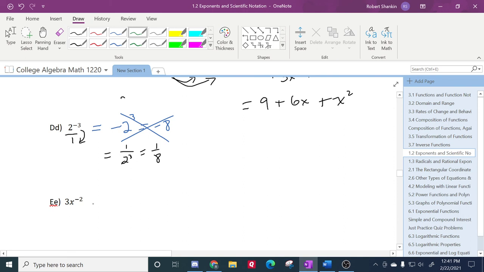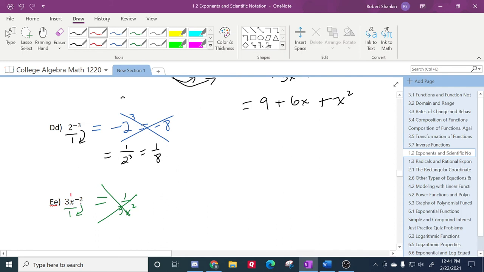Okay, so the most common mistake on this is to bring both of them down. This is not correct. The reason why it's not correct is 3 has its own exponent, positive 1.